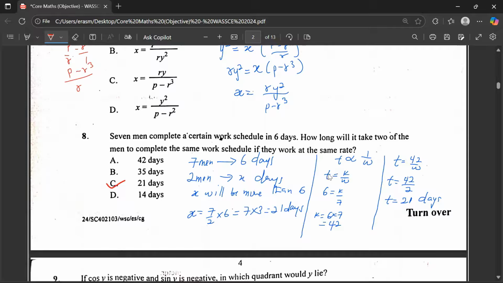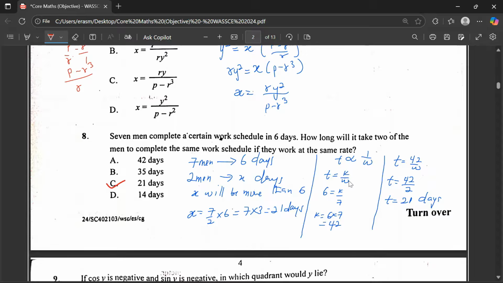We could also solve this problem by saying that T is inversely proportional to W, where T is the number of days and W is the number of workers. What this means is that if we have more workers, then it demands lesser time to complete the work. And if you have more time, then it demands what?